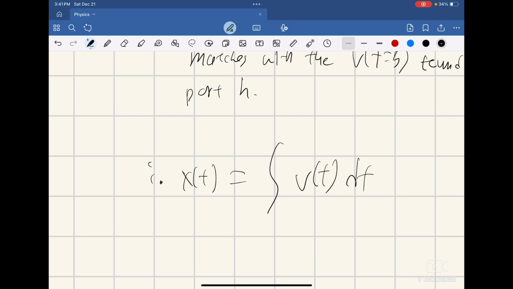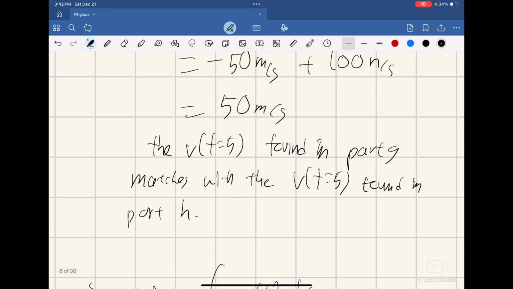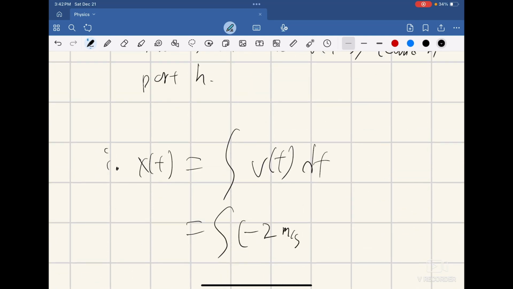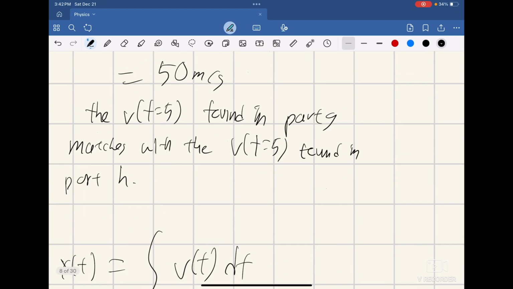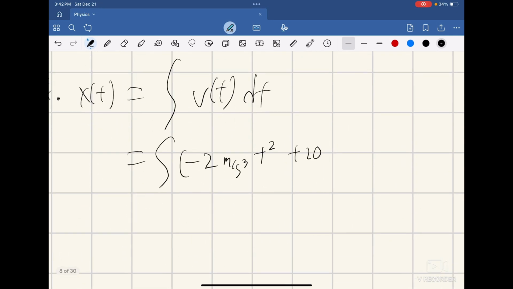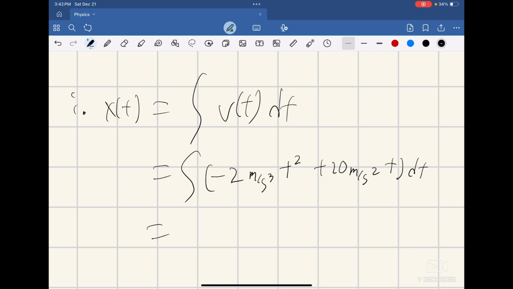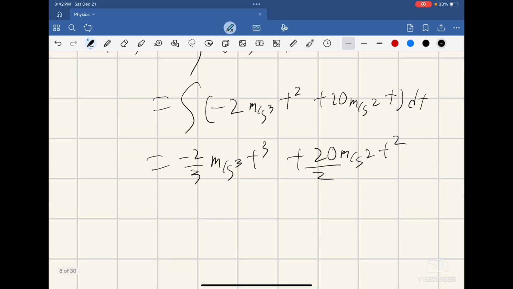So all we have to do is take the integral of -2 meters per second cubed t squared plus 20 meters per second squared times t dt, which becomes -2 over 3 meters per second cubed t to the third plus 20 meters per second squared t squared over 2 plus c.